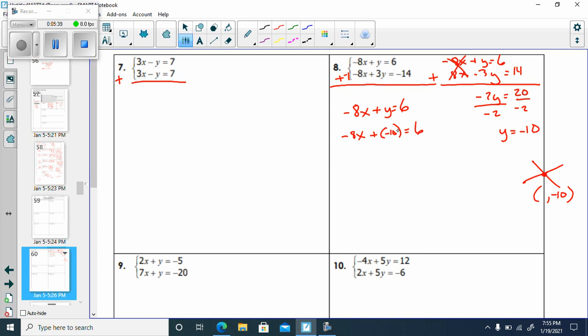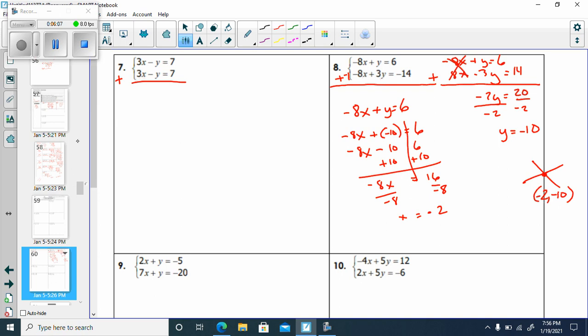Plus negative 10 is the same thing as saying minus 10 equals 6. I'd add 10 to both sides. Negative 8x would be 16. I'd divide both sides by negative 8, and x would give me negative 2. So our point is negative 2, negative 10.